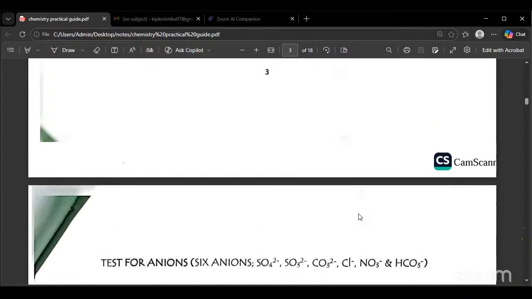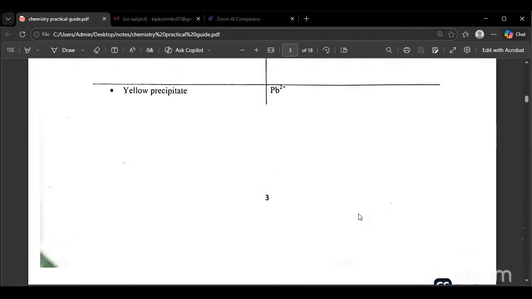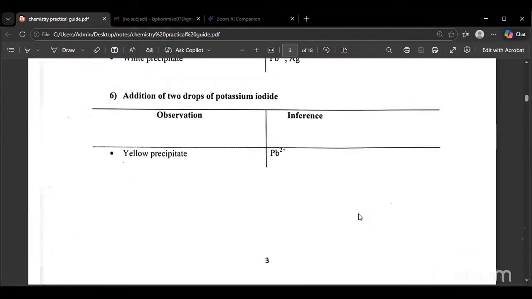So unless there's a query, before I continue to another page. We are done with testing cations. I want us to test anions. But I want you to understand that you are supposed to be very keen in the observation so that you can infer. Now, this one is very good because they say observation, then inference. So you should say lead ions present.